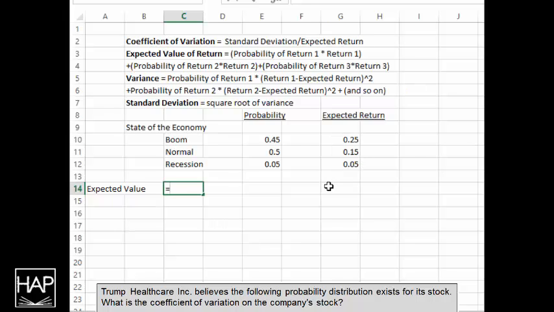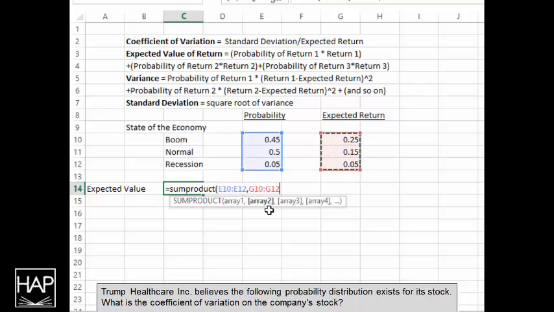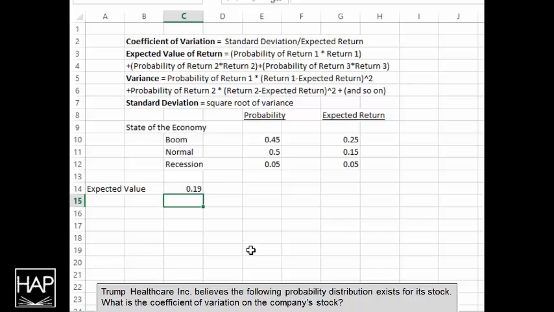So instead of taking the probability, multiplying it by the expected return for a boom, and then adding that to the probability of a normal economy multiplied by the expected return, and so on, I can just take the sumproduct of these two arrays. So I will put in array 1, which is the probabilities, and then the second array is the expected return. That gives me an expected value of 19%.